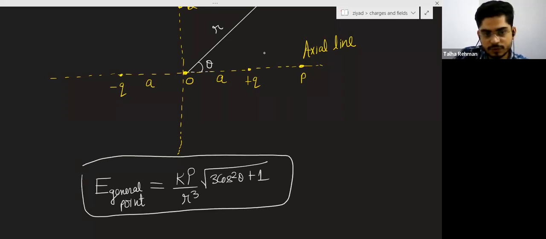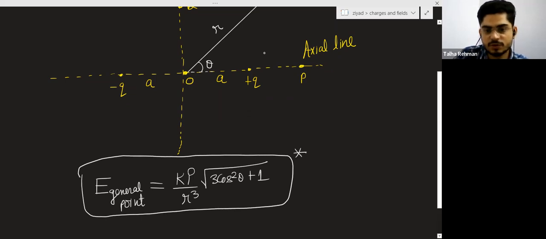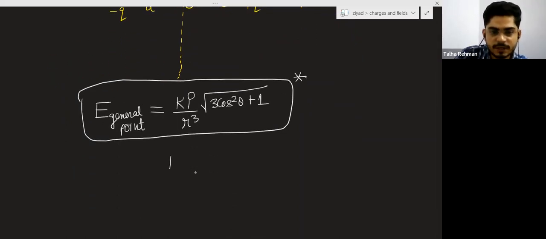This is enough for you. The derivation is not needed, you should just know the formula. What is theta? What is r? What is K? K is a constant.